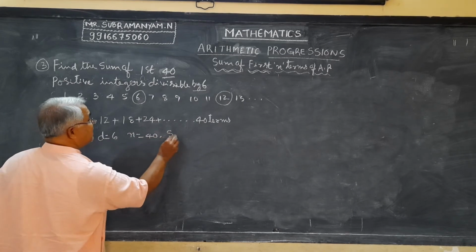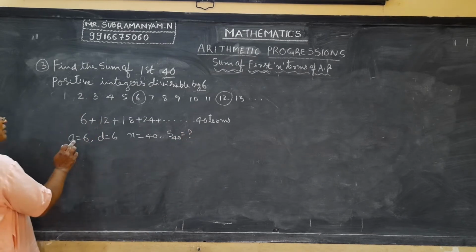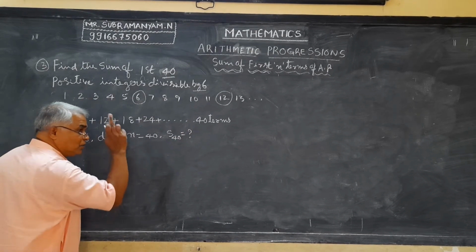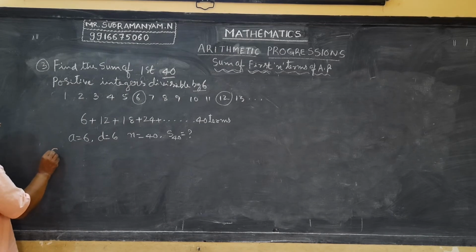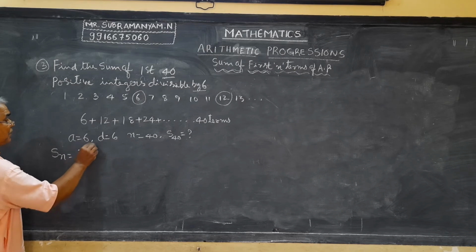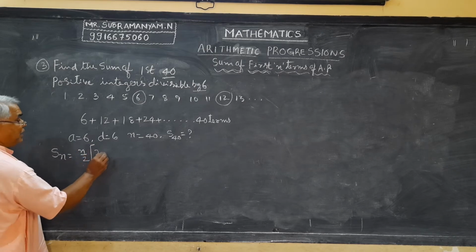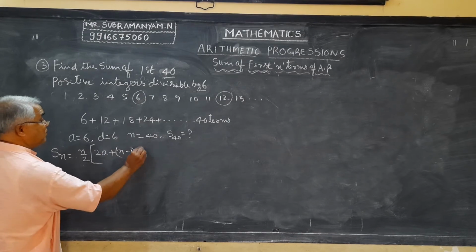And we want S40 value. We know A, D, N. So we go to first formula. Sn equal to n by 2 into 2a plus n minus 1 into d.